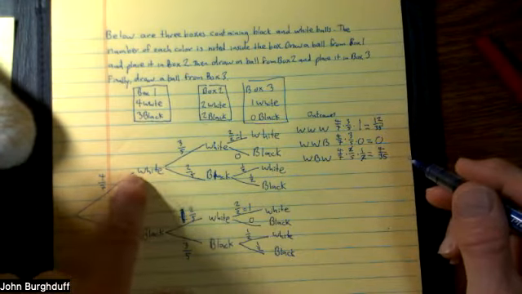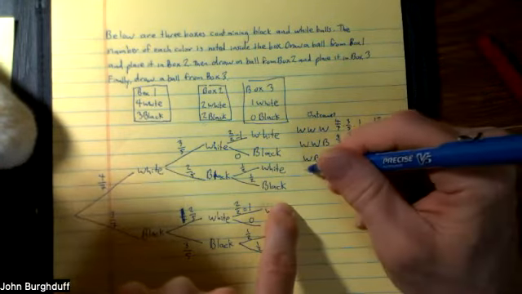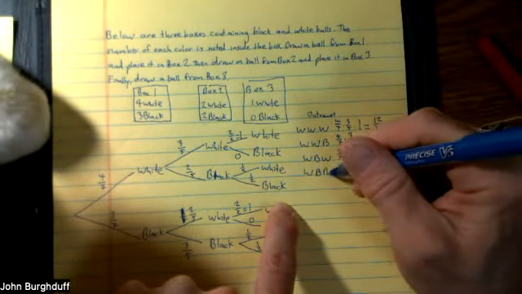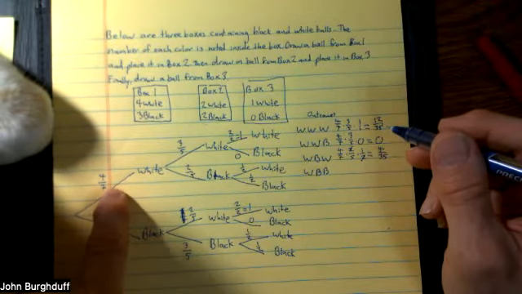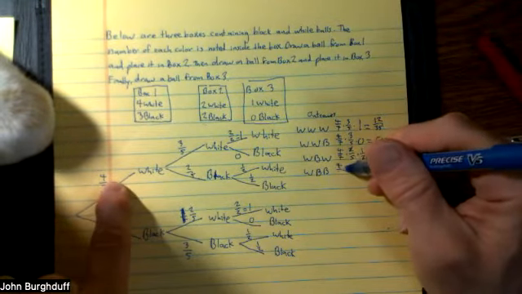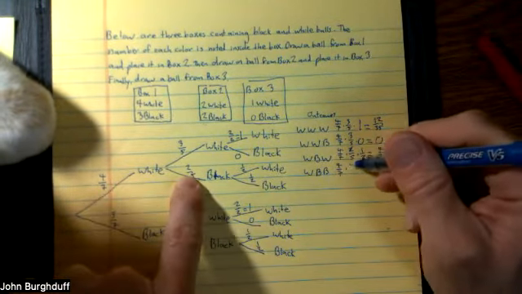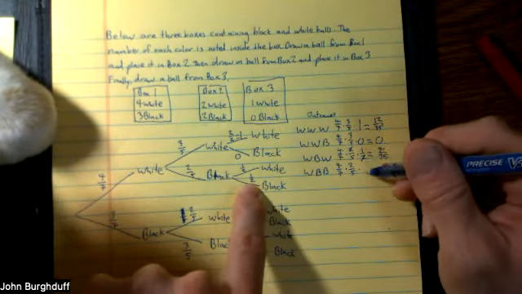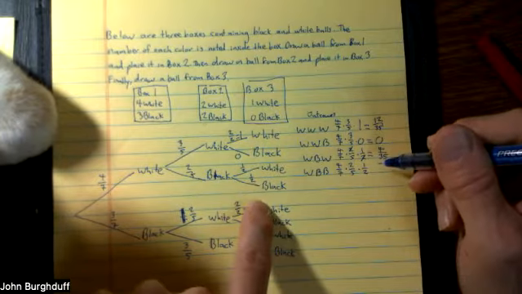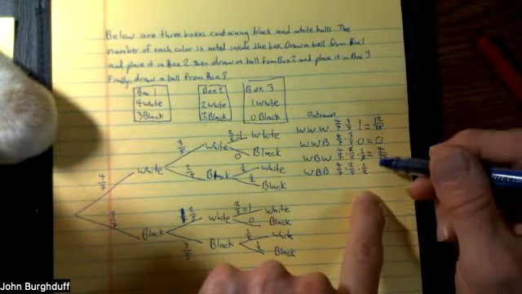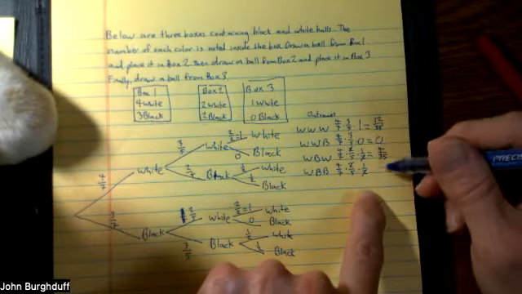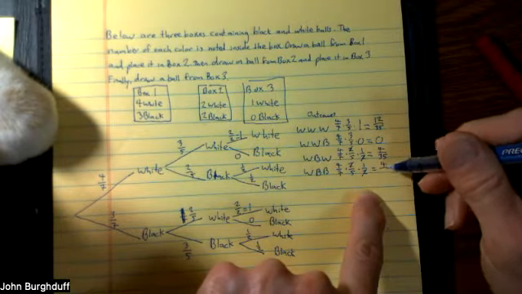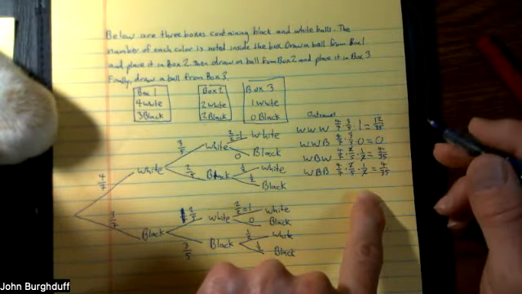Next one would be white, black, black. And that'd be 4/7 times 2/5 times 1/2. Same probability as white, black, white. The 2's divide out, giving you another probability of 4 over 35.